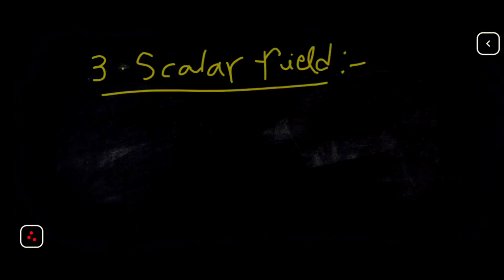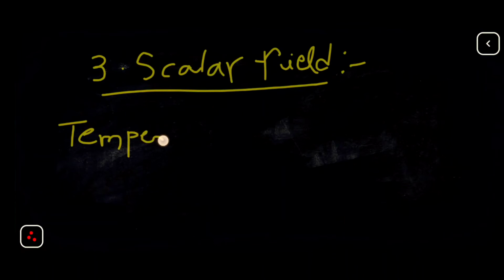The next one is scalar field. What is a scalar field? The distribution of a scalar quantity in a definite position in a space is called a scalar field. For example, take temperature.